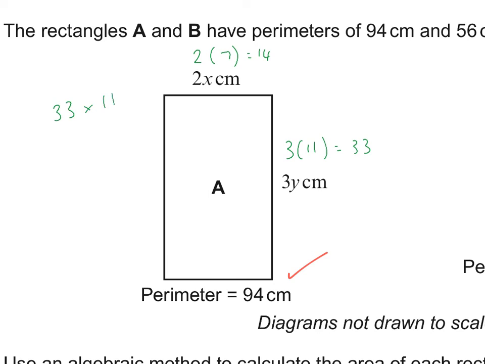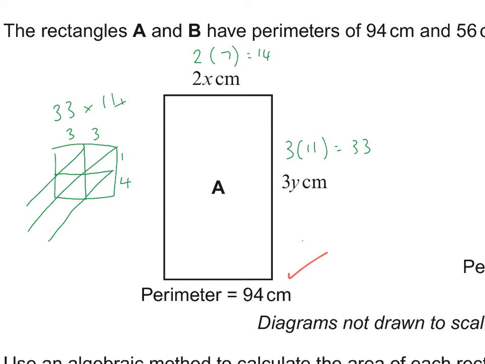Okay. From there, whatever method you prefer, I'm going to use Chinese multiplication. If you don't know what I'm doing, please just use a method that you're happy with. So 33 and 14.